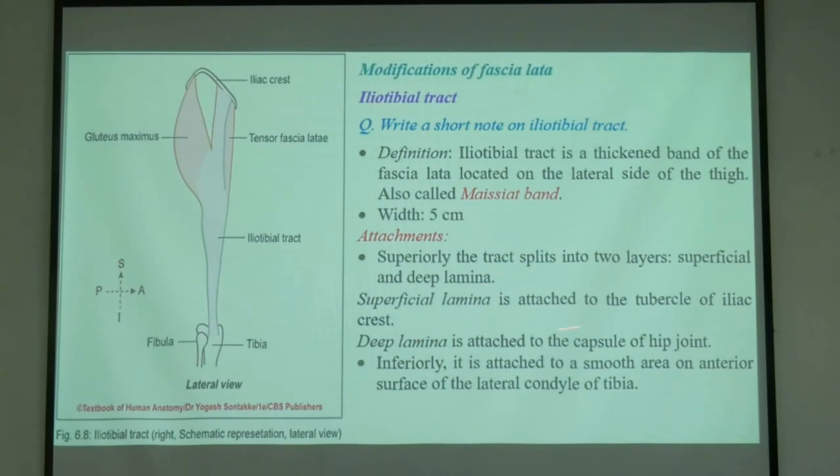The superficial lamina is attached to the tubercle of the iliac crest. The deep lamina is attached to the capsule of the hip joint. Inferiorly it is attached to a smooth area on the anterior surface of the lateral condyle of the tibia, at the lower end.